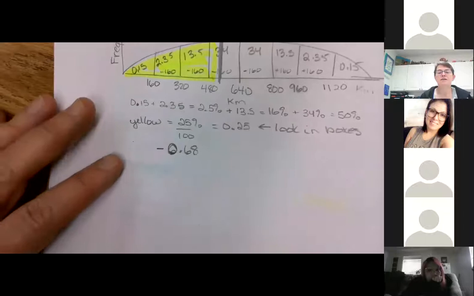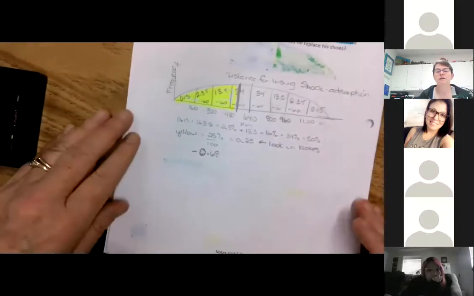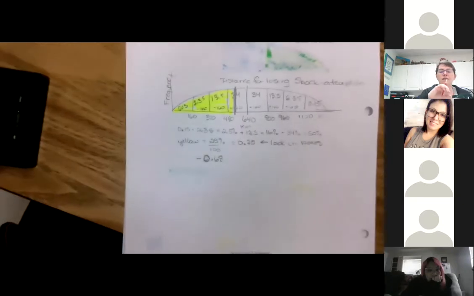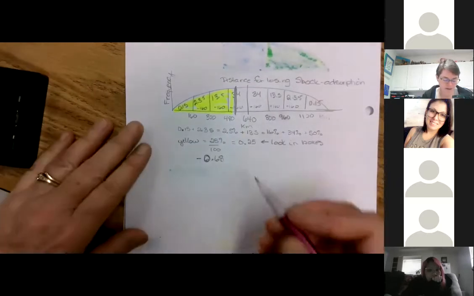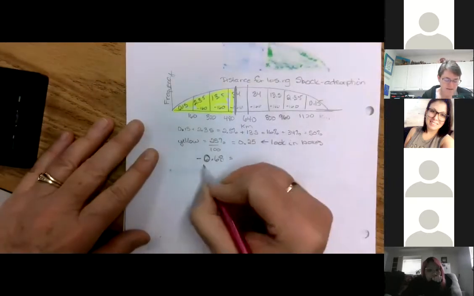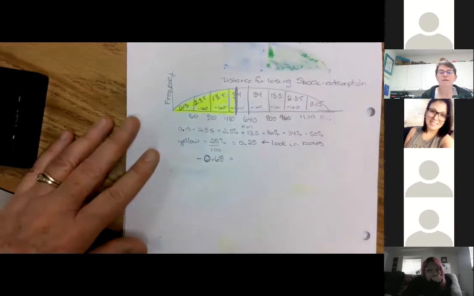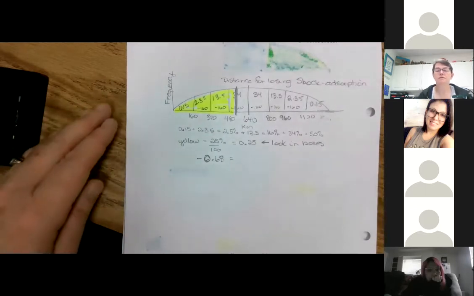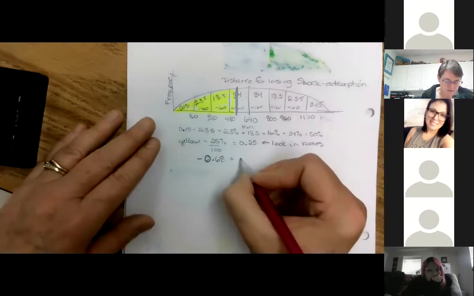I should just say right now, I know when I did the video, I went the other way and I used 0.67. It's fine. So what is this? Is that percent? Anybody? Not percent. It's my Z-score.